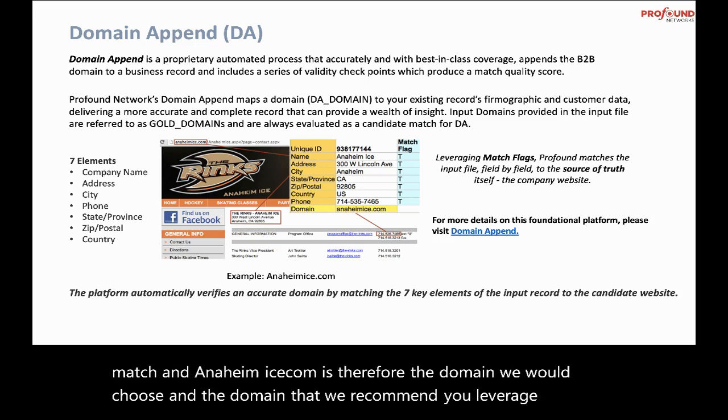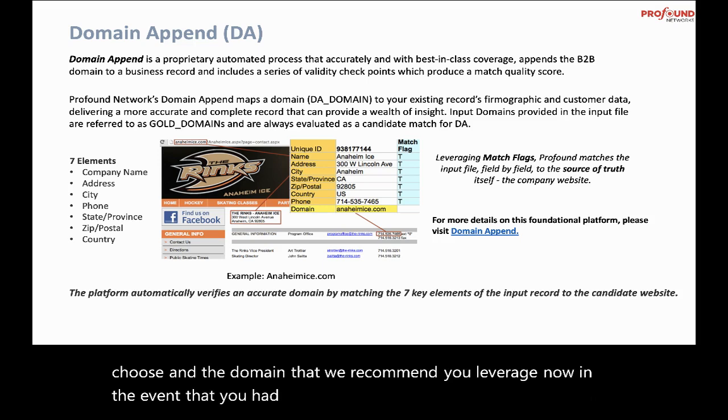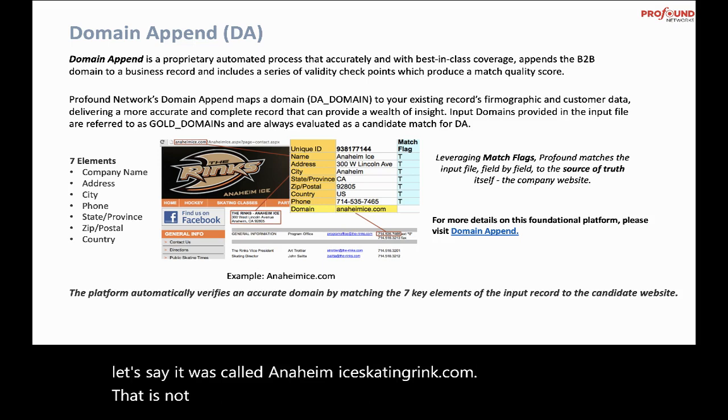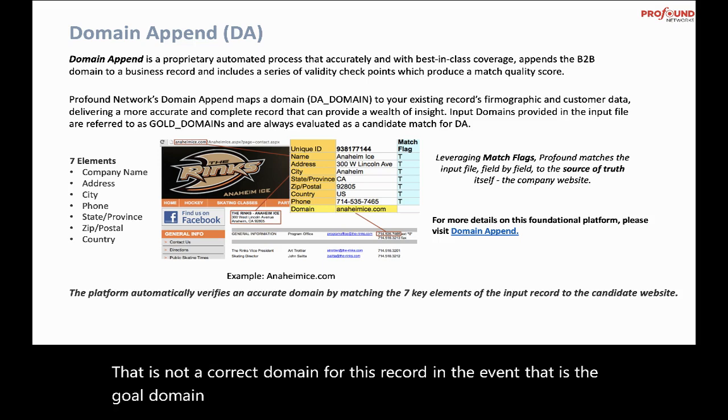Now, in the event that you had a gold domain associated to this record, and let's say it was called AnaheimIceSkatingRink.com, that is not a correct domain for this record. In the event that that is the gold domain on this, we would see that there's a disagreement.